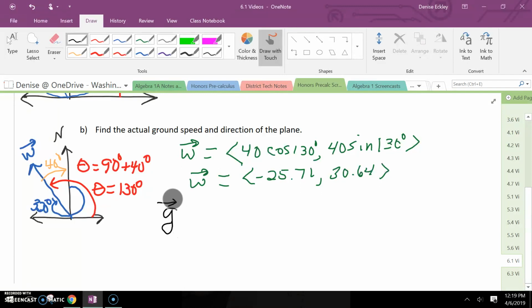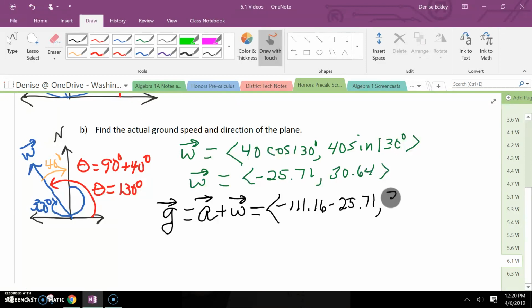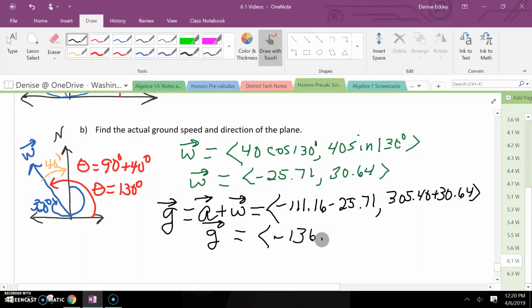So our ground vector is going to be A plus W. Adding those two together, we get negative 111.16 minus 25.71 for the horizontal, and then the vertical is going to be 305.40 plus 30.64, giving us a resultant vector of negative 136.87, comma, 336.04.